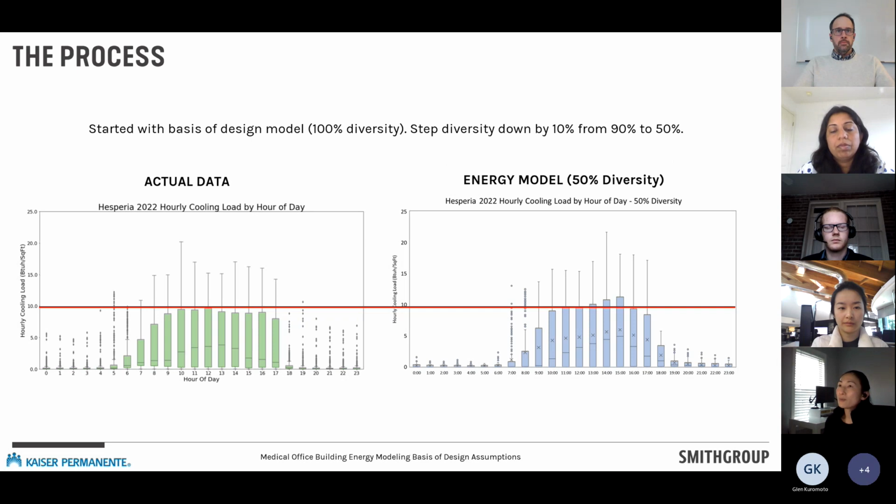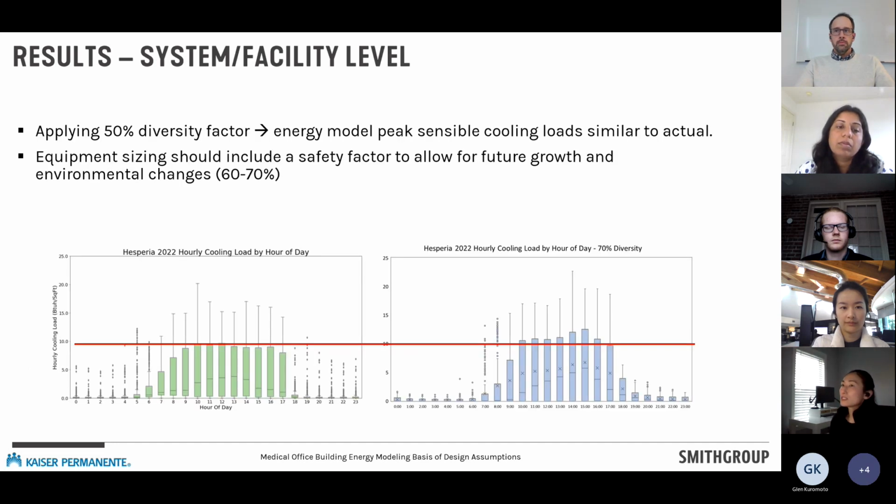So to start to close the gap, what we did is we started with that basis of design model, which we will refer to as 100% diversity throughout this presentation. And then we stepped the diversity down by 10% from 90 to 50%. What we found at the system and facility level is that applying a 50% diversity factor got us closer to the energy model peak sensible cooling loads matching the actual.